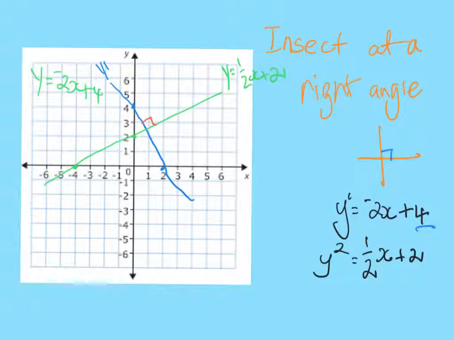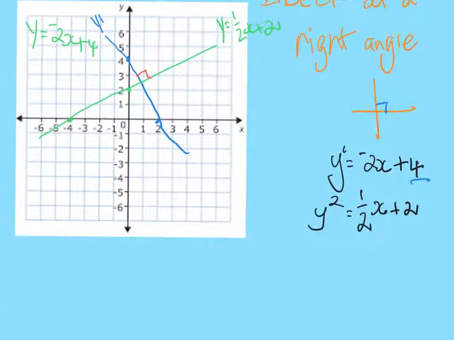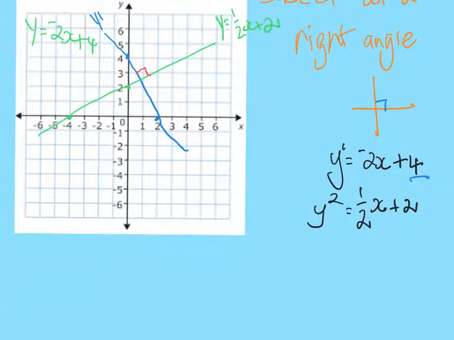Another way to realise whether it's perpendicular is, let me move this up a bit, okay, so another way, let's say I've called this M1 and M2 because M equals a gradient.